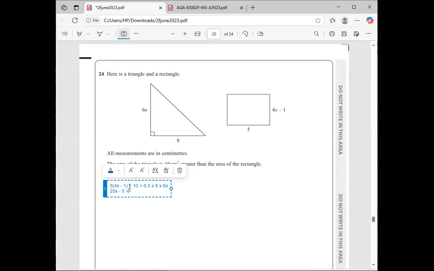That's my bad. Plus 10, okay? All right, and all that is going to be equal to what? 0.5, which is half. Half times 8. Half of 8 is 4. And then 4 times 6x is 24x. So that will make it easier now. We're not confusing any multiplication with x.